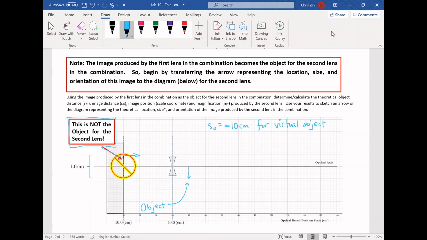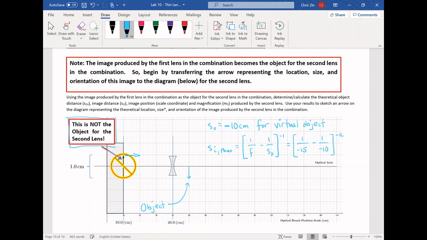In any case, we are looking for the theoretical image distance. The formula for that is (1 over f minus 1 over SO) all to the power of minus 1. Then plugging in the values I have, f is minus 15 for the diverging lens, and then I do minus 1 over negative 10.